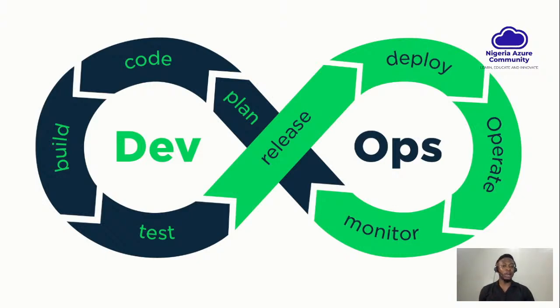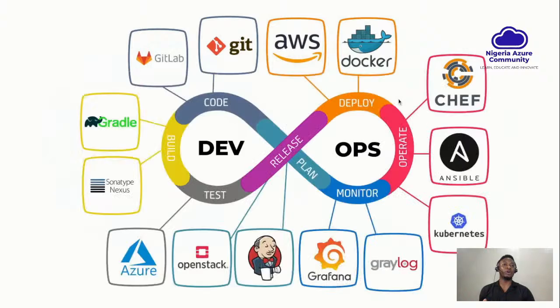Quickly, before I speak in depth about Azure and Azure DevOps, I want to visit how we develop software with the DevOps methodology. Right here on my screen, this is the DevOps software development lifecycle at a glance. You can see different tools and the different phases of the DevOps software development methodology.